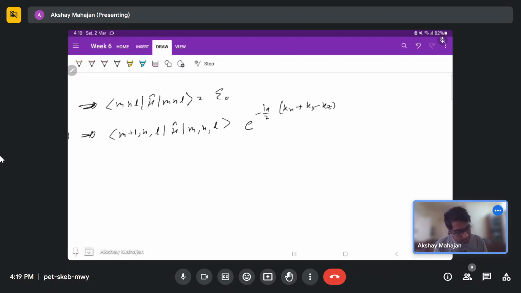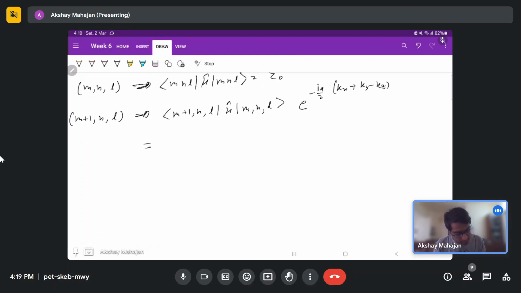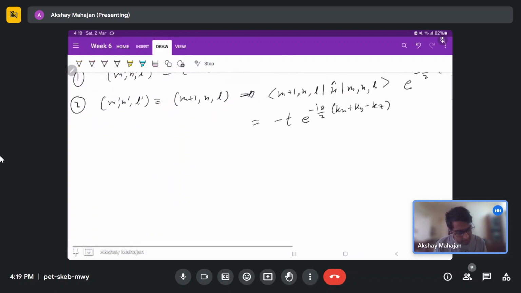Alright, and this we know is our hopping term, so it will be minus t times e to the power minus iota a by 2 kx plus ky minus kz.